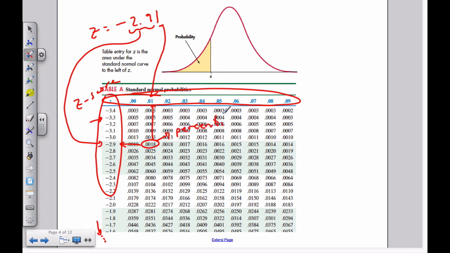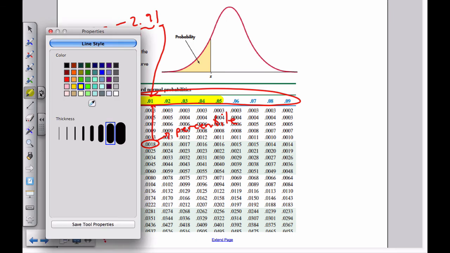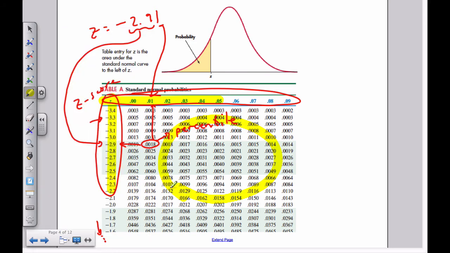When you're looking at this table, what you've got to remember is that the outside part right here helps me find my z-score. And anything inside the guts of this is our percent, or our percentile.